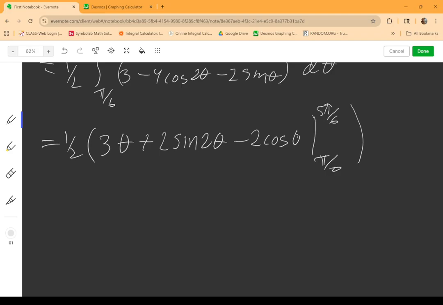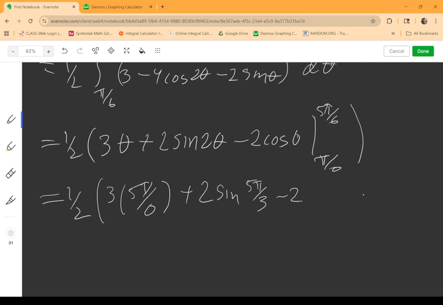So we get 1/2, this becomes 3 times 5 pi over 6 plus 2 sine of 5 pi over 3 by reducing here, minus 2 cosine of 5 pi over 6.